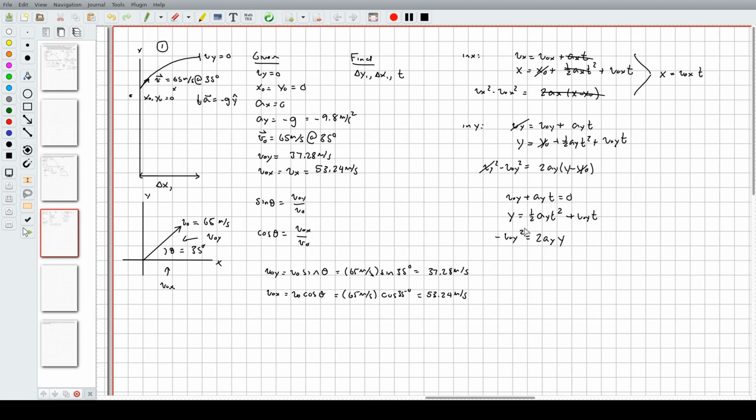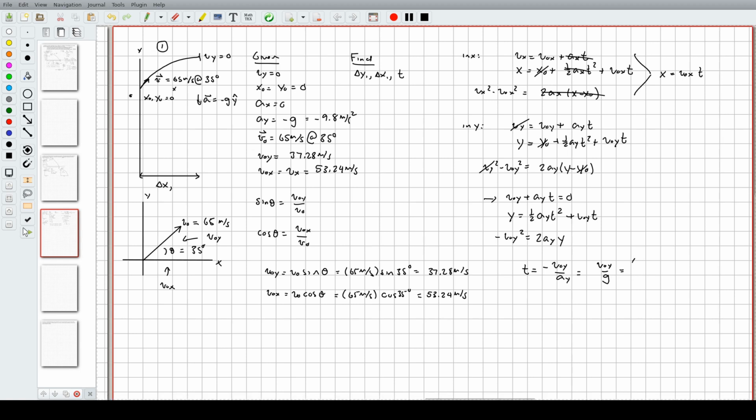I propose that we aim for time first. So if we use that equation right there, you get that t is equal to minus v naught y over ay, or v naught y over g.